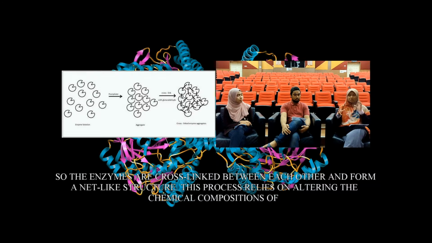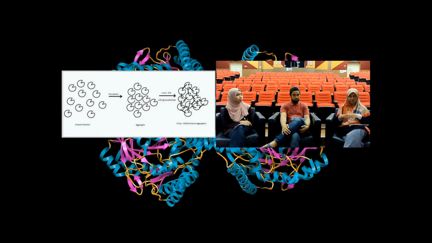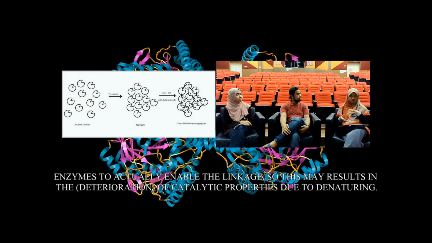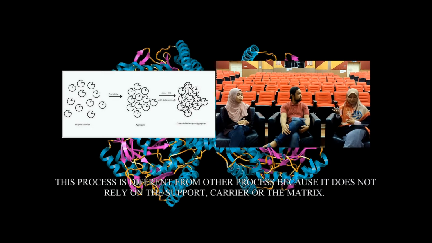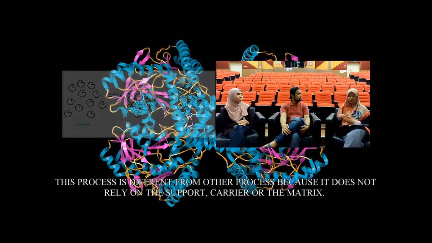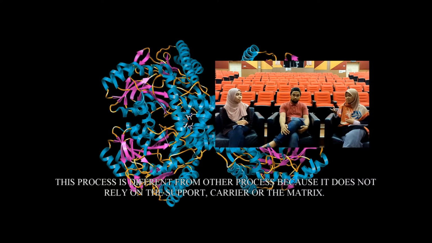The agents are cross-linked between each other, forming a net-like structure. This process relies on altering the chemical composition of the enzyme to enable the linkage. This may result in loss of catalytic properties due to denaturing. This process is different from other processes because it does not rely on a support, carrier, or matrix.